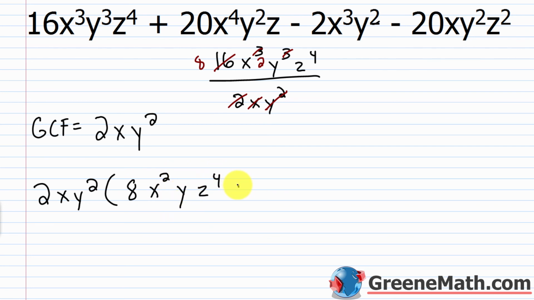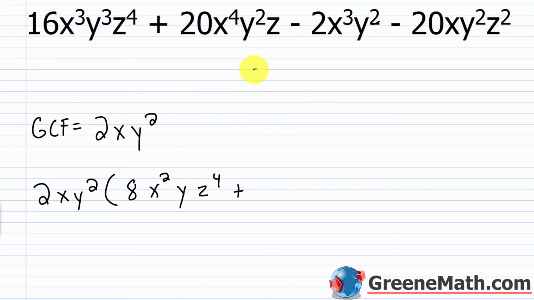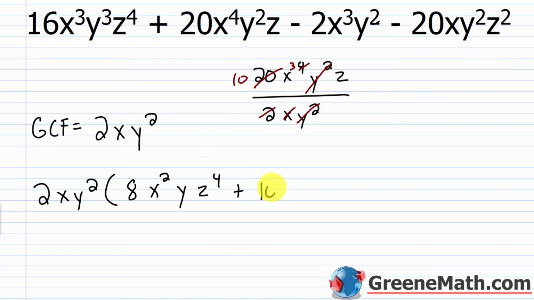And then we'll have plus. For the next term, I'm going to have 20x to the fourth power y squared z over, again, 2xy squared. So 20 over 2 is 10. X to the fourth over x is x cubed. Y squared over y squared is 1. So I'm going to have 10x cubed z.